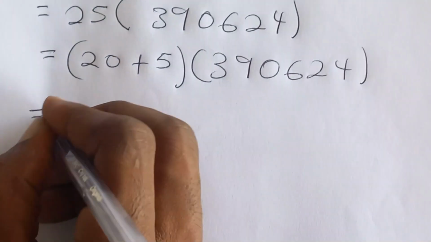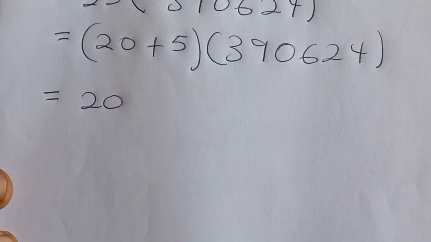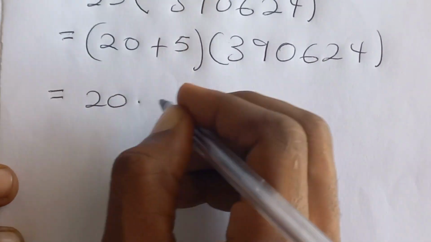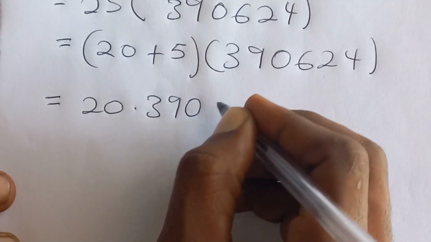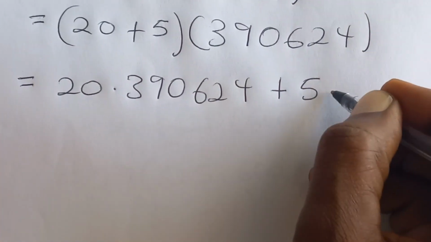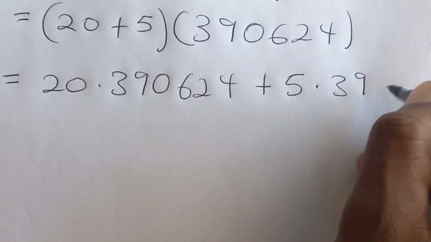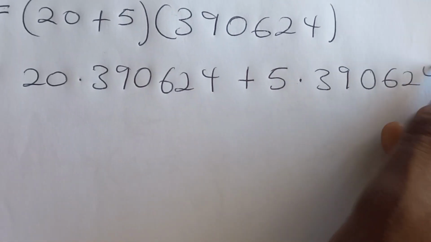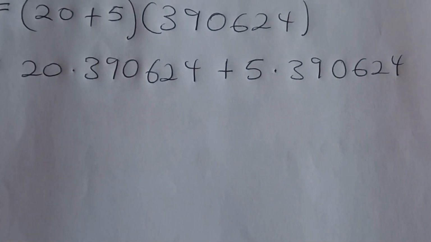Now it's equal to 20 multiplied by 390,624 plus 5 multiplied by 390,624. Like this.